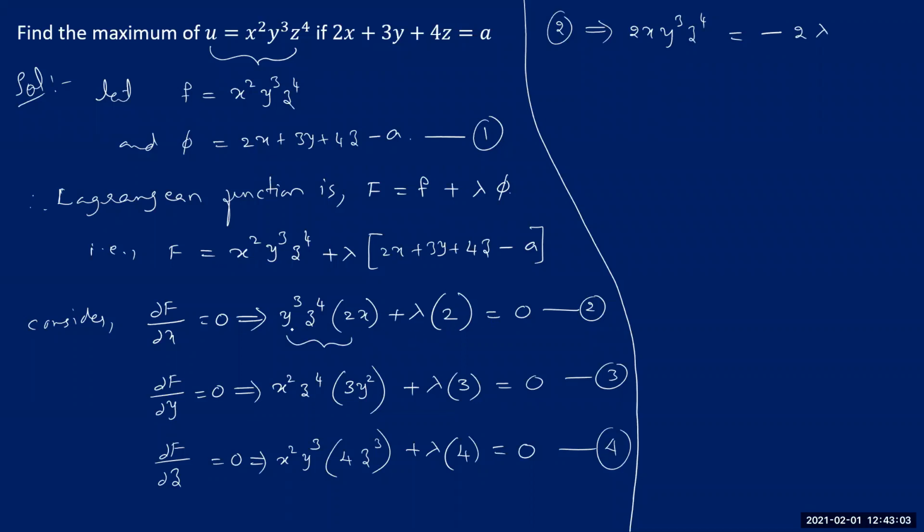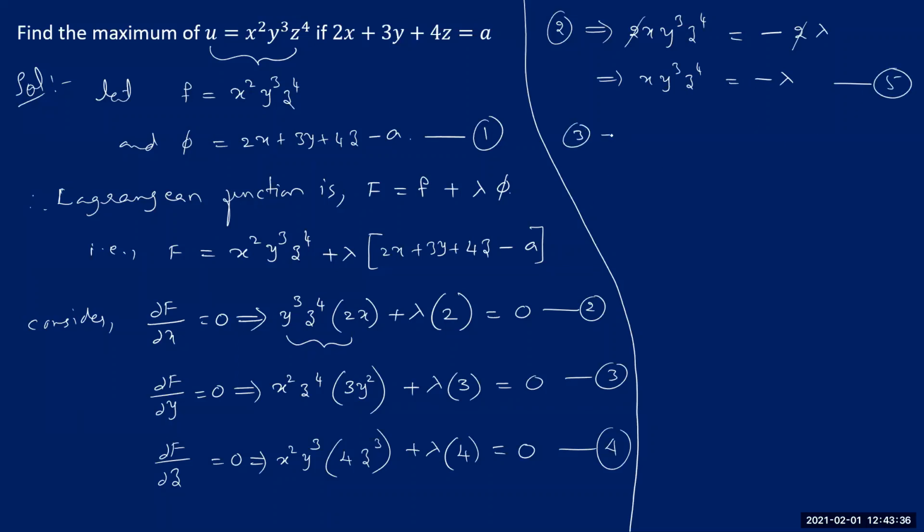Can we cancel this 2 on either side? That is quite easy. Therefore, we get xy cube z power 4 is equal to only minus lambda. Let me give this as equation 5.